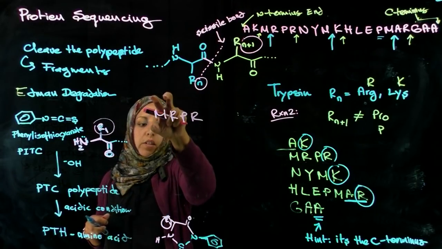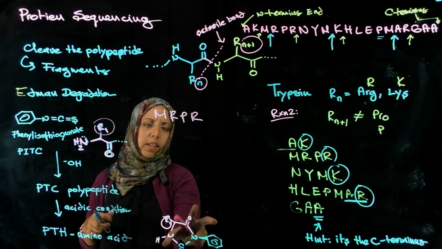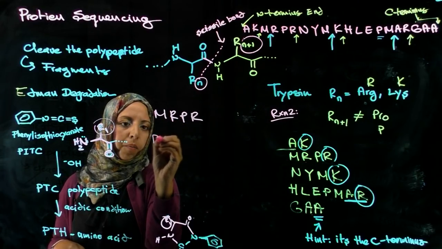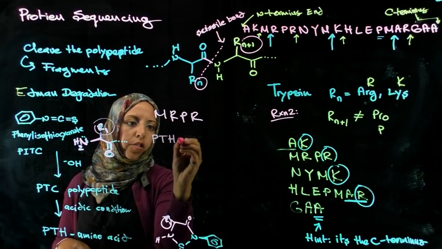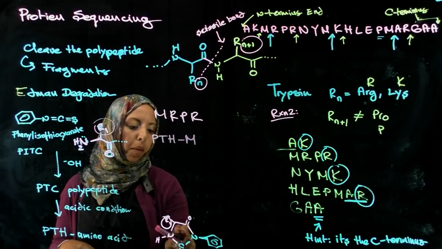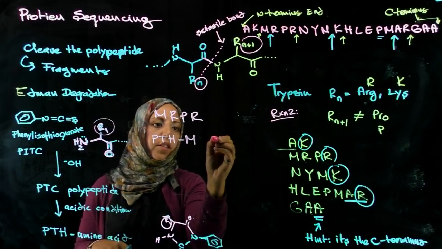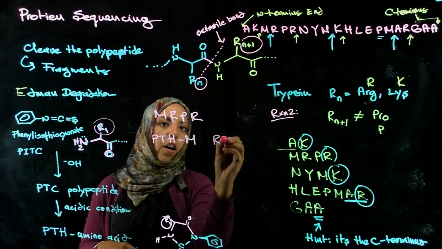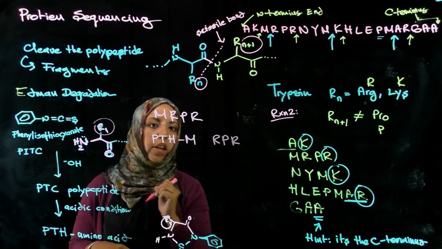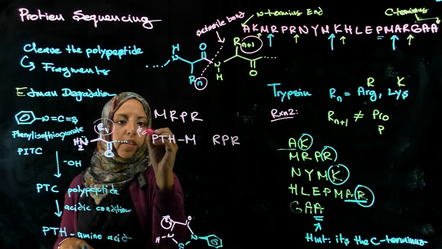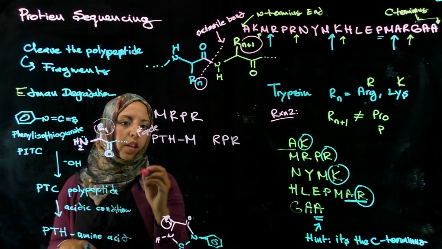After the very first cycle, it's going to form a PTH amino acid adduct, so we would get PTH forming an adduct to methionine, right? And then what else we get after the first cycle is the rest of it, RPR, right? That's just the first cycle of an Edman degradation.